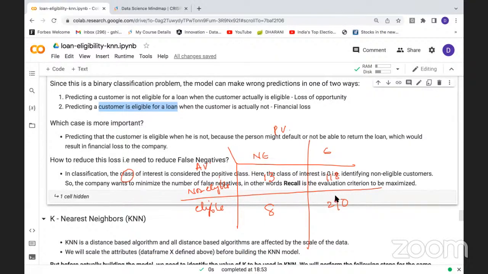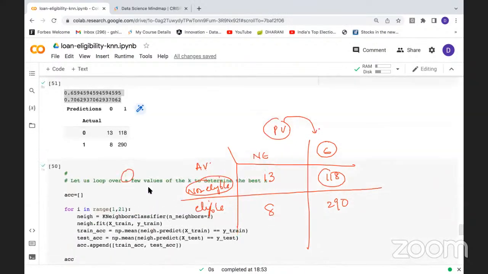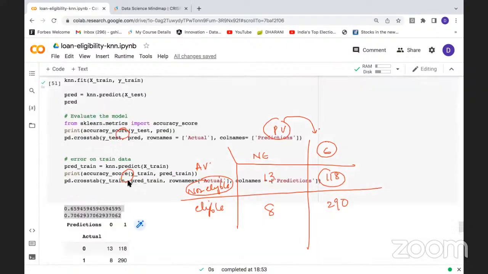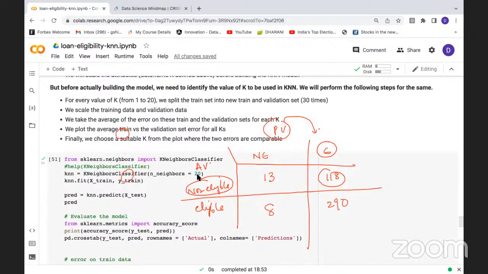Your model is telling 118 people are eligible when they are not up to the mark. So maybe you have to change. You have to go with distance.